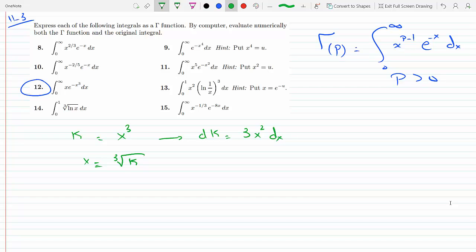I will plug this back into problem 12. Notice that the bounds don't change, because if x is 0, so is k, and if x is infinity, k is also infinity. So the integral remains from 0 to infinity. x now is the cube root of k, or let's rewrite it as a power: k to the 1/3, and then e to the minus k.